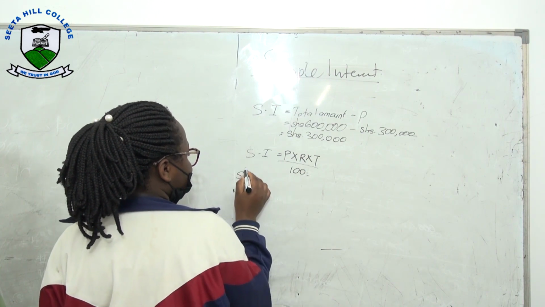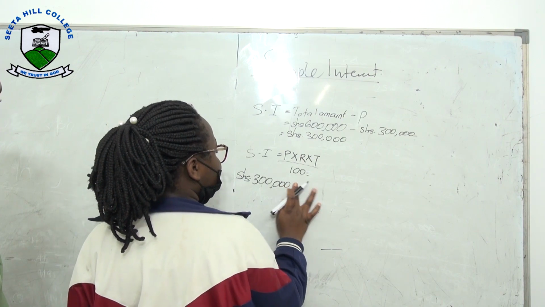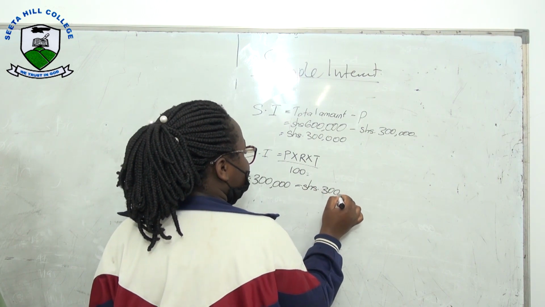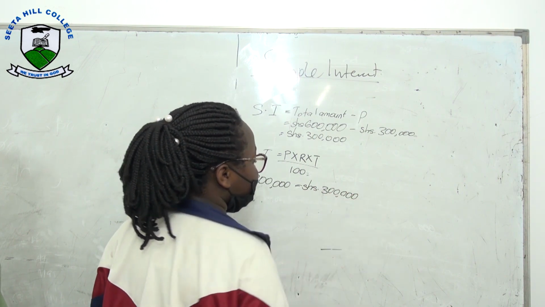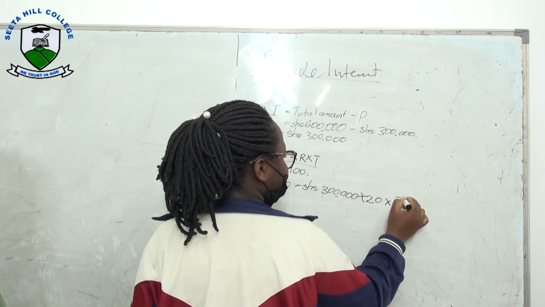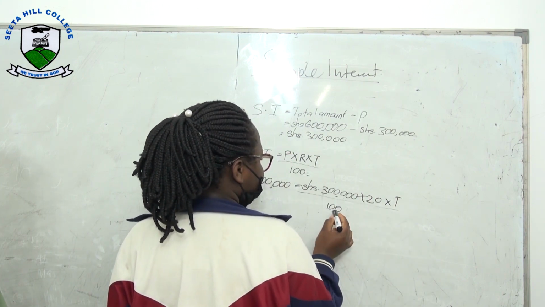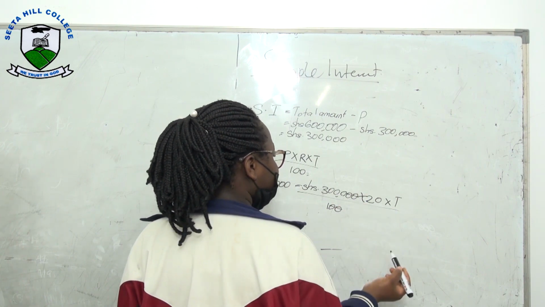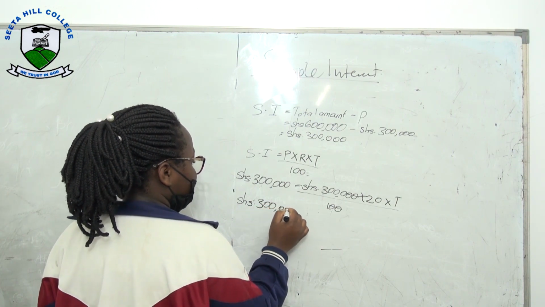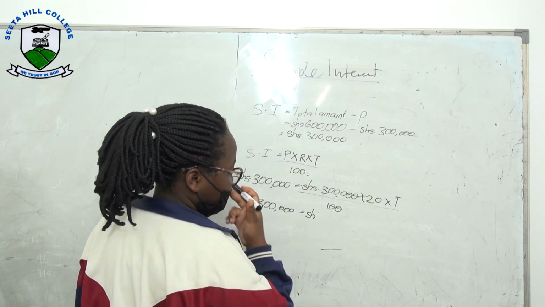So the simple interest, which is 300,000 shillings, is equal to the principal, which is 300,000 shillings times the rate 20 times time, over 100. So here we can cancel these two zeros, giving us 3,000 times 20.